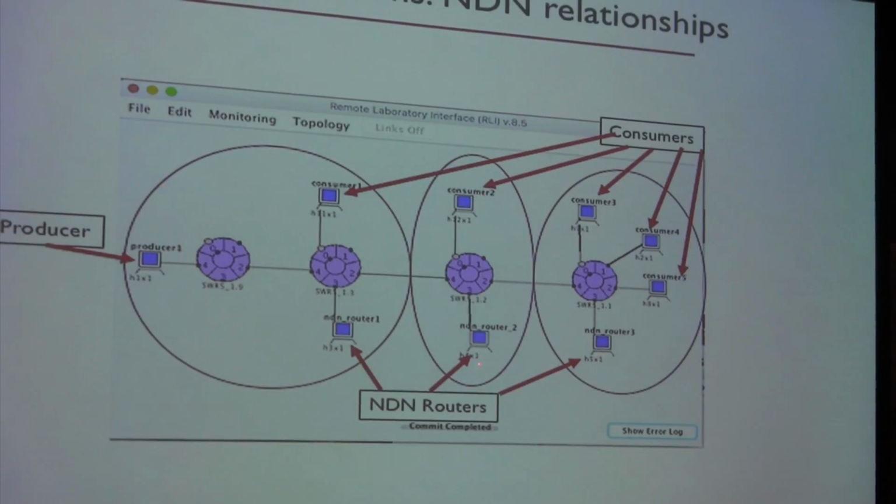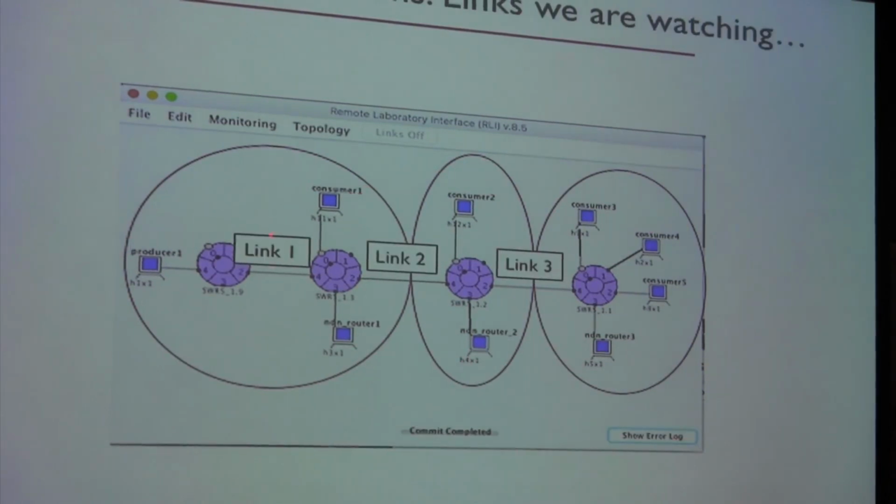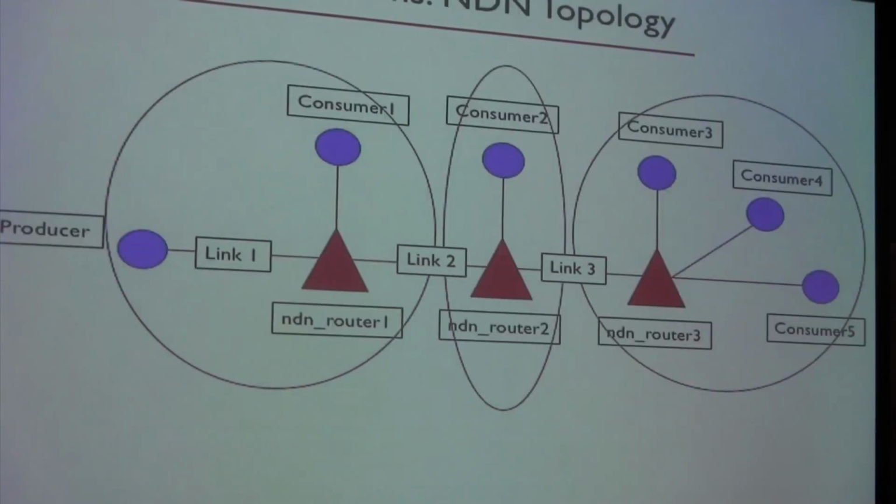Similarly here I have consumer 2 that's going to use NDN router 2, and consumers 3, 4, and 5 are going to use NDN router 3. So I organize all that into my NDN subnets, basically. We're going to pay particular attention to these 3 links, and we're going to watch the data as they go across to help us understand when caching is going on.